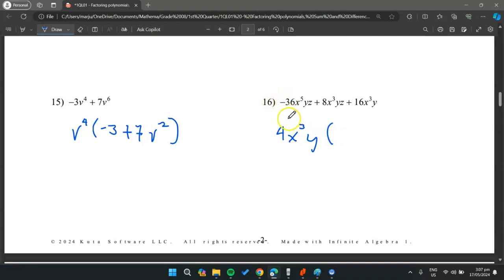What remains when we factor out 4x cubed y from this is just negative 9x squared z plus 2y, y is common, so 2z, and then plus, that is just 4. So that will be it for this exercise.